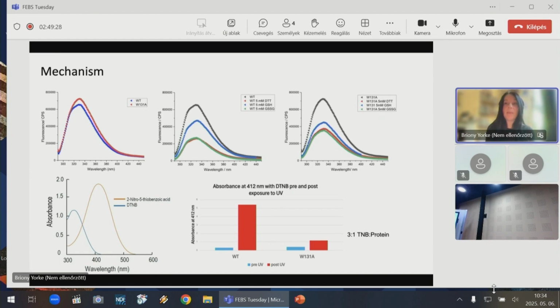DTMB binds specifically to the SH group in thiols. However, after UV exposure, the sulfur on our cysteines is then free to bind to the DTMB, resulting in an increase of absorbance at 412 nanometers.